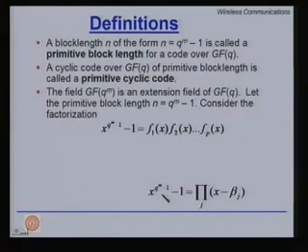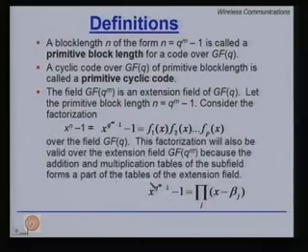So, let us go over the basic definitions. A block length n of the form n equals q raised to the power m minus 1 is called the primitive block length for a code over GF(q). This definition is particularly important from the perspective of BCH codes. So, a special block length, what is it?